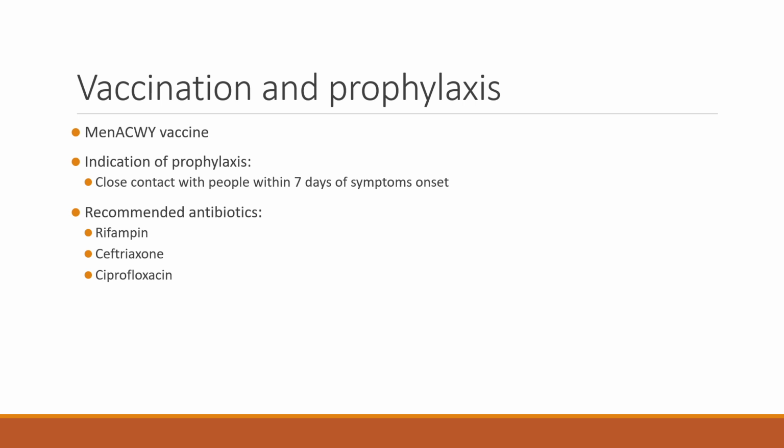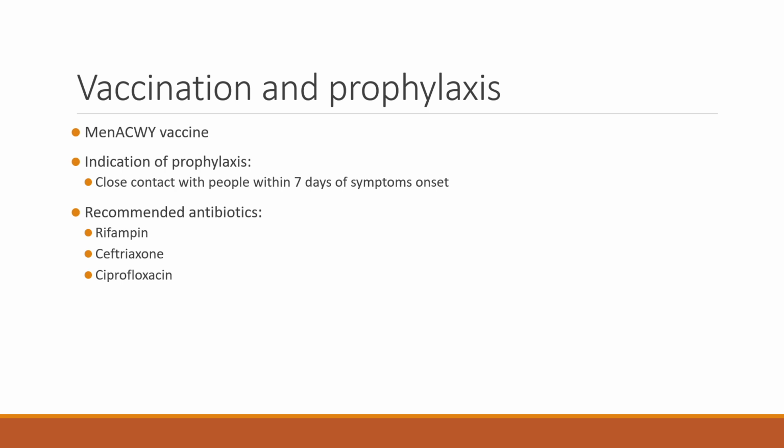The important thing is that you have to identify and treat the patients, and also bear in mind that prevention is always better than treating, because once the damage is done, it's done. So always suggest to patients, if they don't have the vaccine yet, to have the MenACWY vaccine.